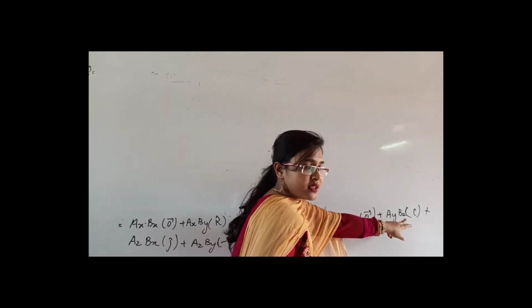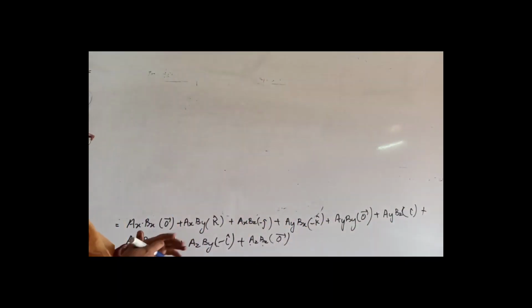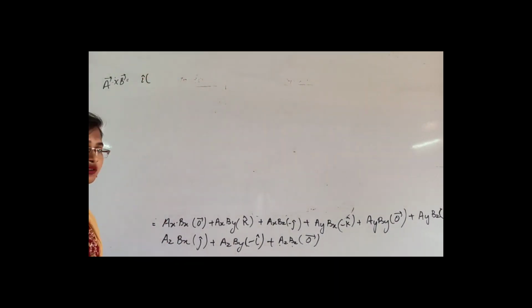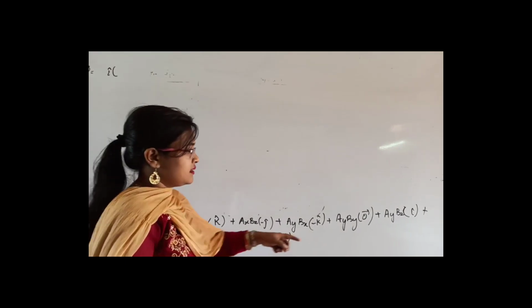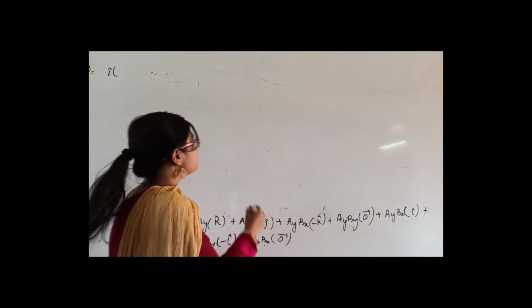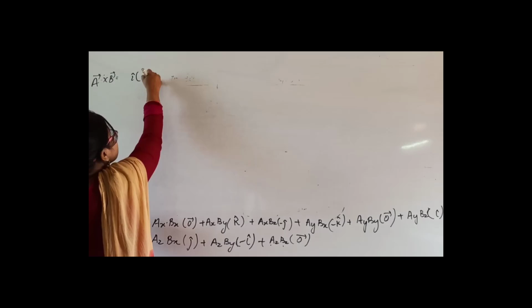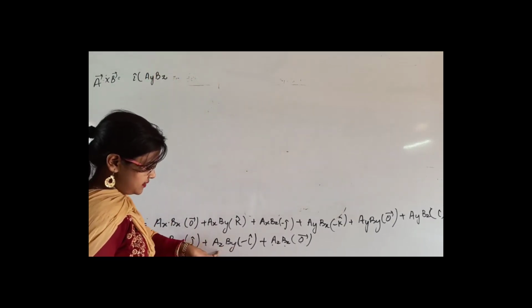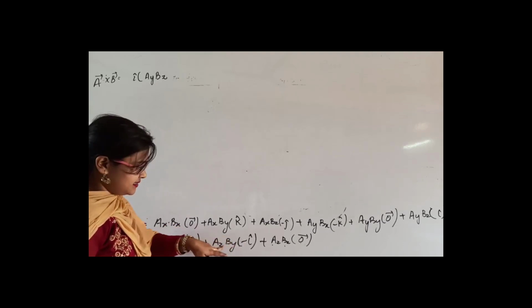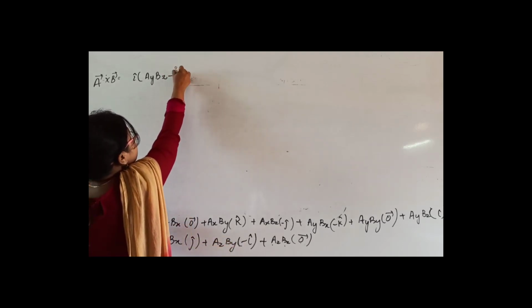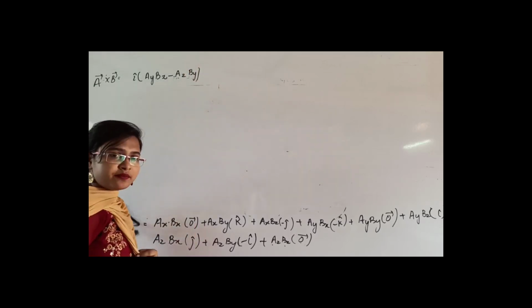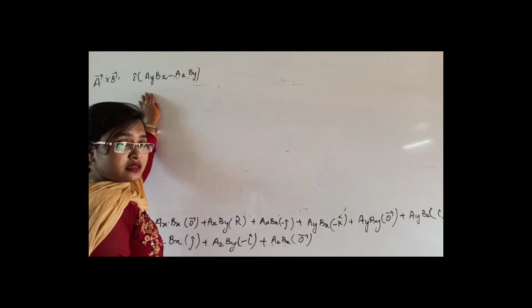So first write down i cap. We will see the i cap terms. Taking i cap common out of the expression, this is ay bz minus az by. Clear? Again, the i cap term is completed.